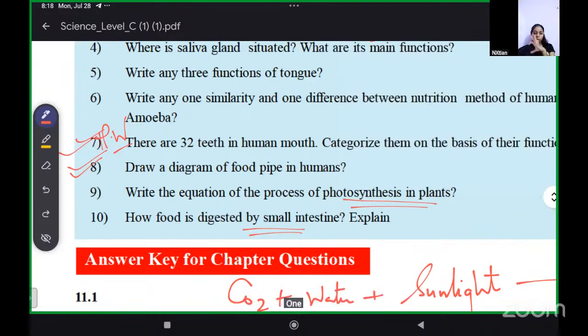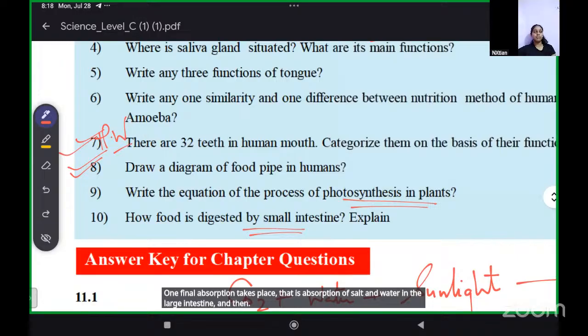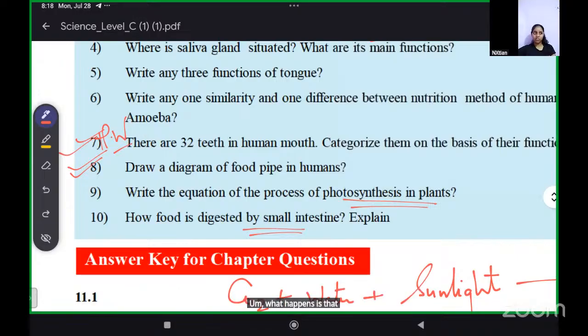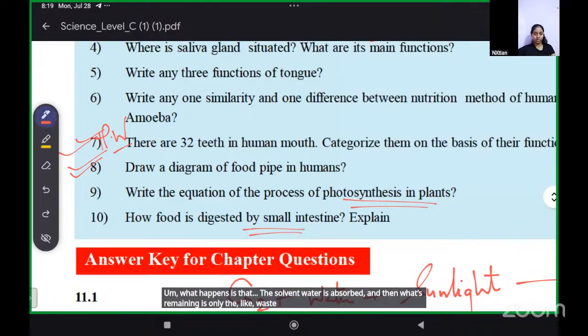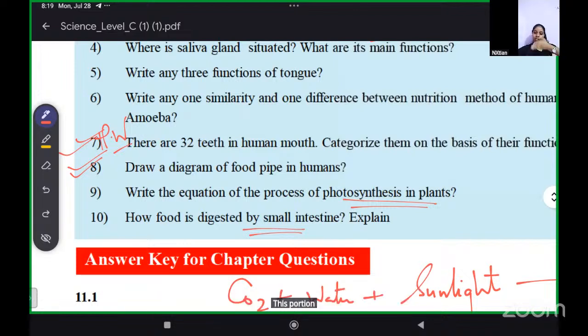One final absorption takes place, that is absorption of salt and water in the large intestine, and then what's remaining is only the waste portion of the food, so that comes out through excretion. Okay, this is the digestion process by small intestine.